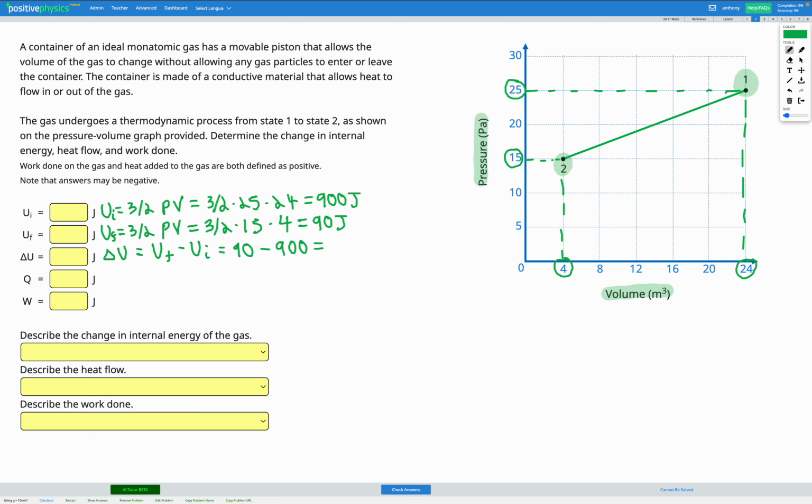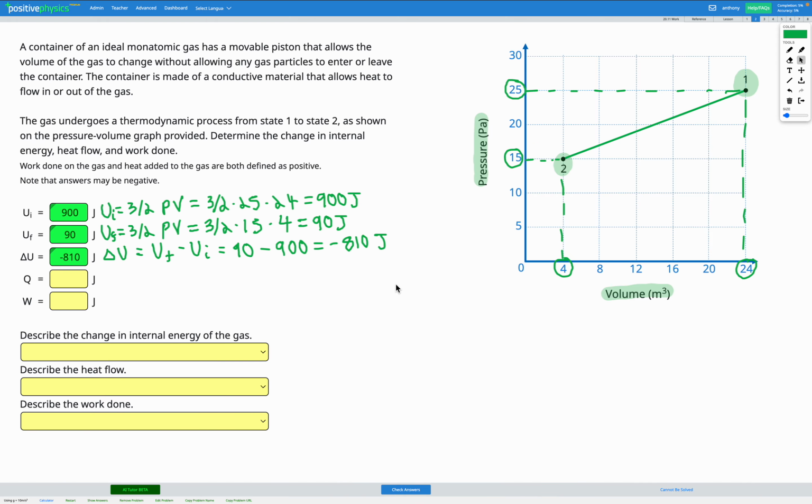That gives us a delta U of negative 810 joules. So let's go ahead and fill those all in our answer boxes. We had 900 joules for our initial internal energy, 90 joules for our final internal energy, which gives us negative 810 joules for our change in total internal energy. So we figured all that out just from the pressure and volumes on the graph using U equals 3/2 PV.